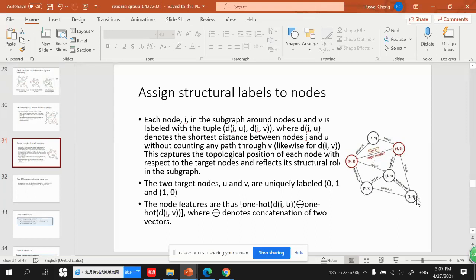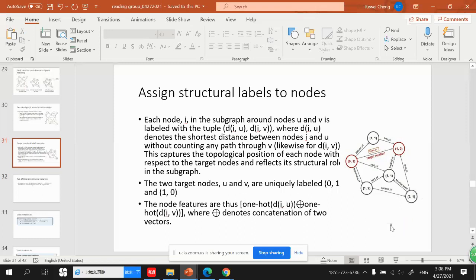And then we can see that this node is a 1-hop neighbor of the target node Y. So we will represent this number as 1 here. And then this number 2 and 1 finally will be transformed into a one-hot encoding vector.